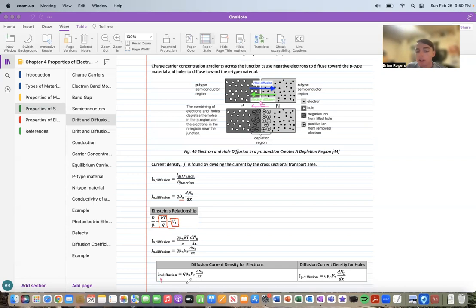And of course, remember, electrons have a negative charge, negative 1.6 times 10 to the -19 coulombs, whereas holes, on the other hand, as we see by this equation, have a positive charge of positive 1.6 times 10 to the -19 coulombs. And so instead of using the lowercase n for the electrons, we're going to actually use a lowercase p to represent when we're talking about the holes, the charge carriers in the p-n junction.